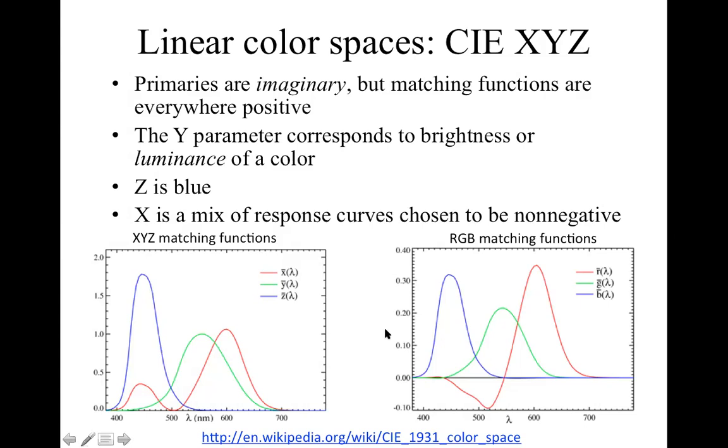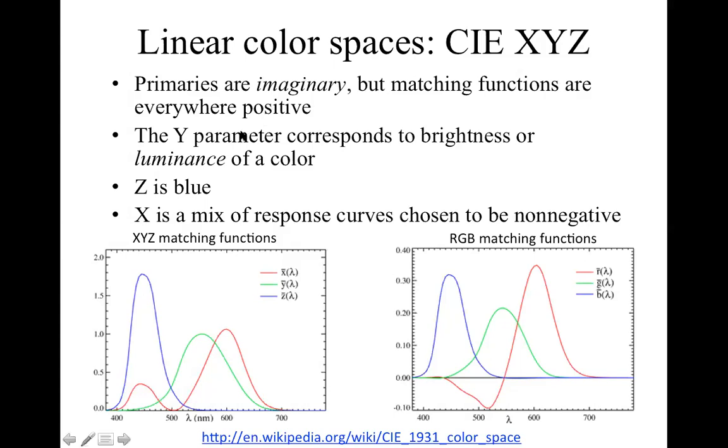In comparison with the RGB space, the primary colors are now imaginary rather than real, but the ideal property is that you no longer have negative matching functions. All matching functions corresponding to the three primary colors are now everywhere positive.